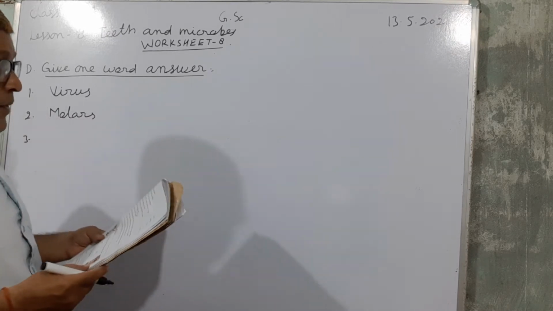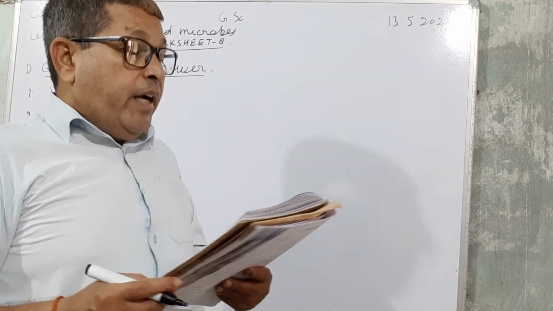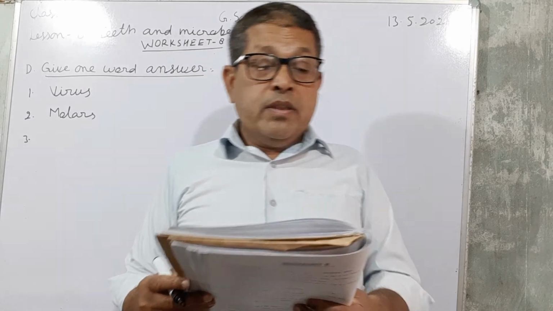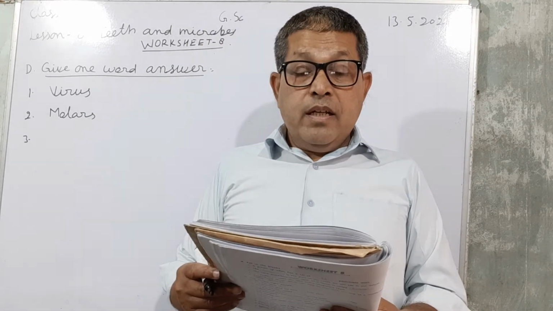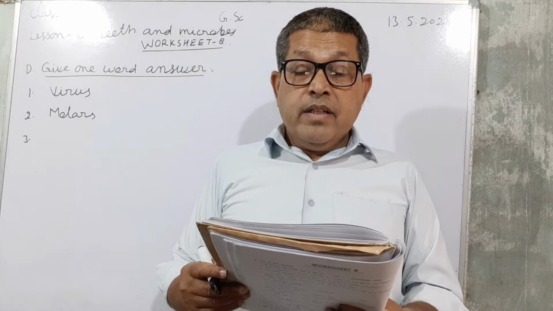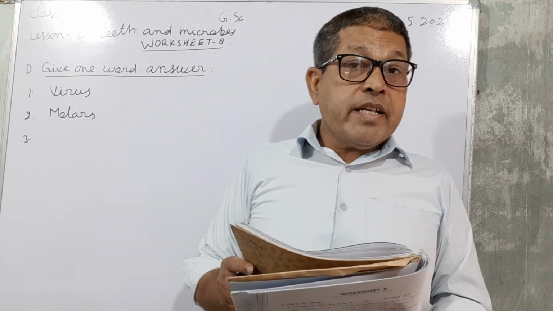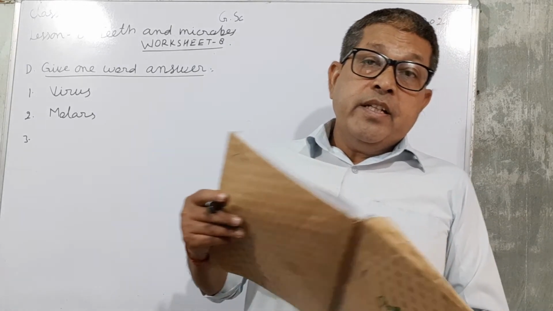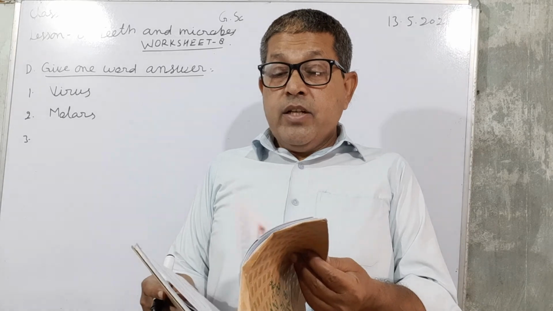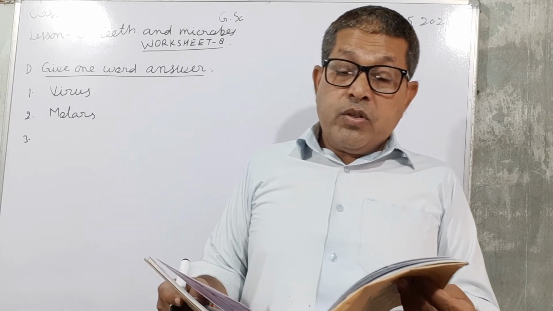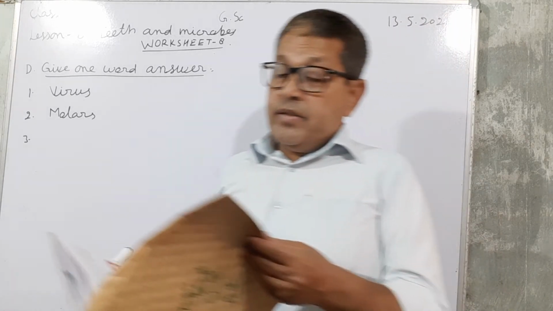Number third, the part of a tooth visible above the gums. This is crown. Two parts are there, crown and root. So crown is the visible part.